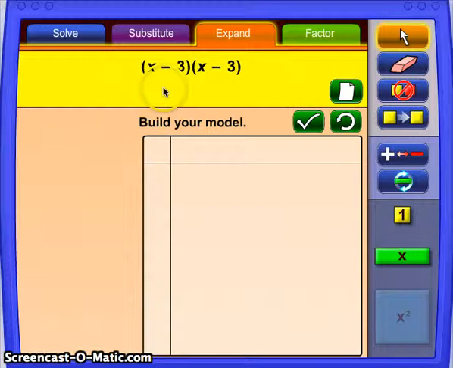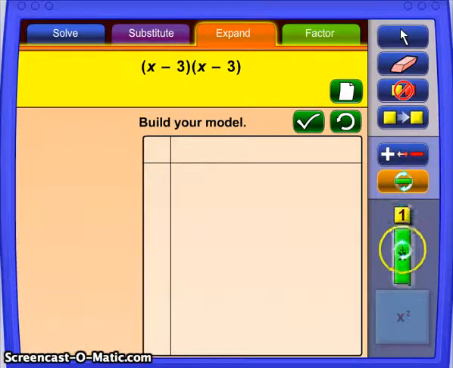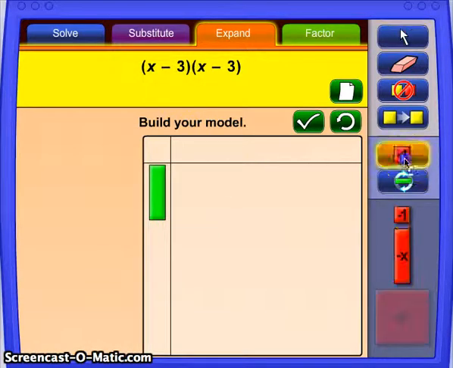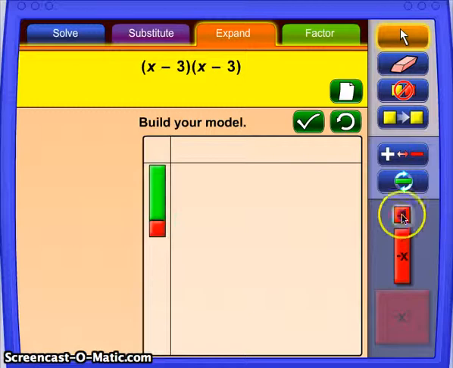Okay, so we have x minus 3 times x minus 3. So again, we're going to build our first one on the left here. Flip the rotation. Here's x and minus 3. So we need -1s. 1, 2, and 3.